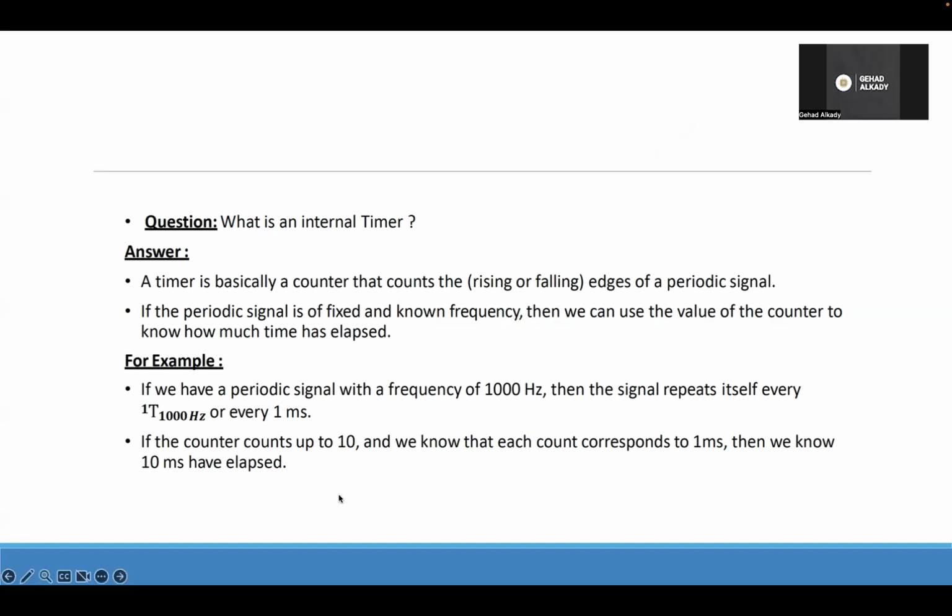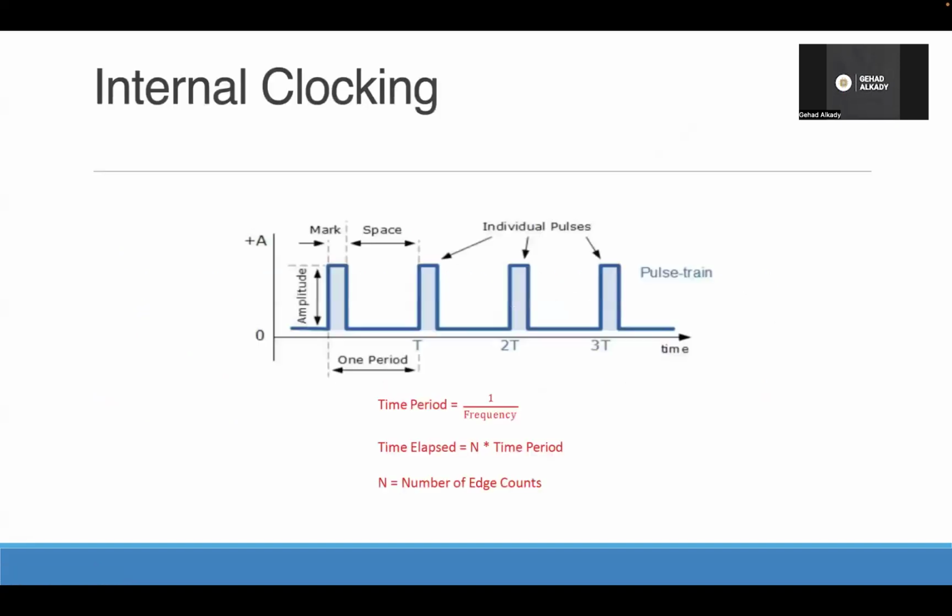This is the way that we operate the timers. So from the parameters, we should know the frequency of our system, from which we get the time period, and we should know the number of counts that will represent the delay we want to make on our system, which is implemented by the timer.